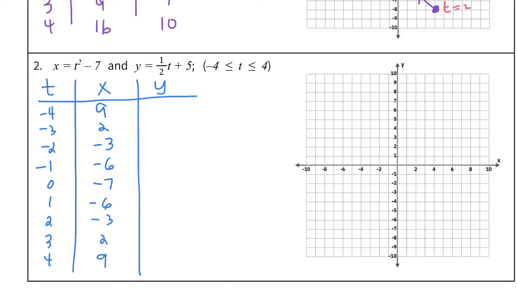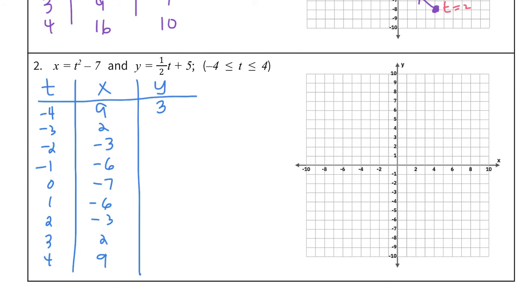All right, and now let's do our y values. So just be careful because of that 1/2. We are going to have some decimal values here. So let's start by plugging in our -4. Half of -4 is -2, but +5 is +3. The next one, half of -3 is -1.5. +5 is going to give us positive 3.5.